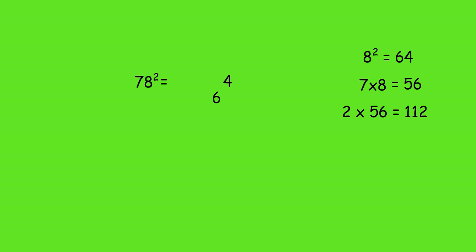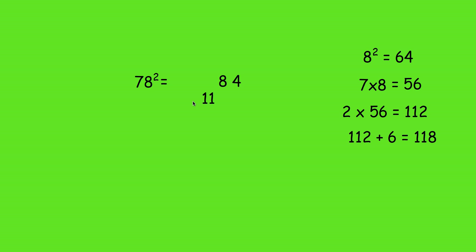So you have to add this balance 6 to 112 to get the tens place digit of the square of 78. That is 112 plus balance 6, it is 118. So you can write 8 in the tens place and 11 as balance.